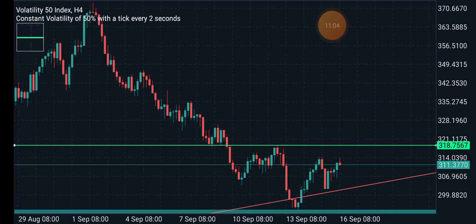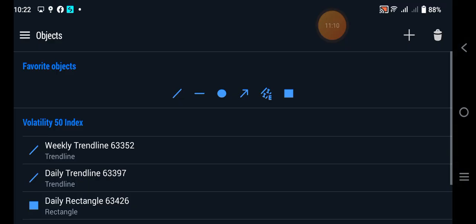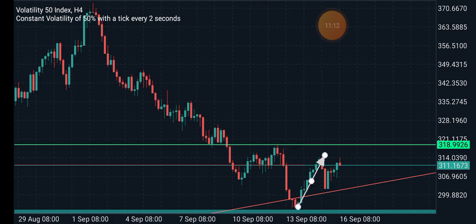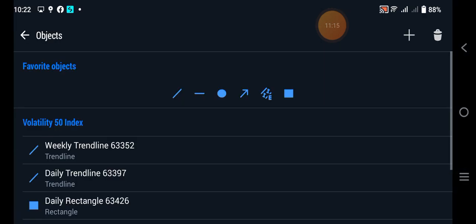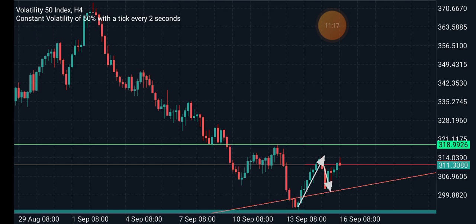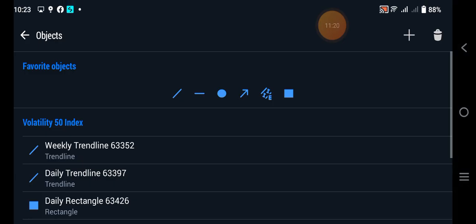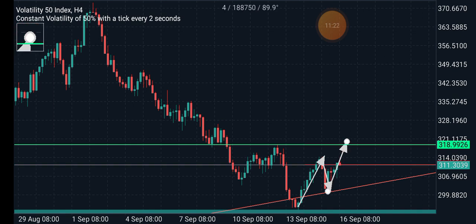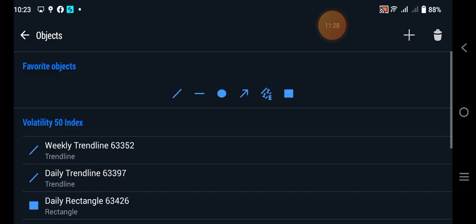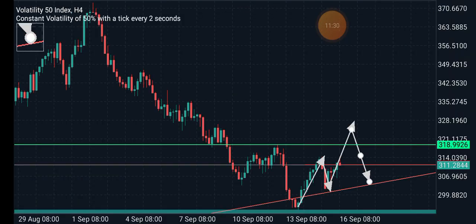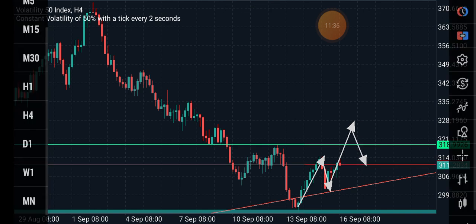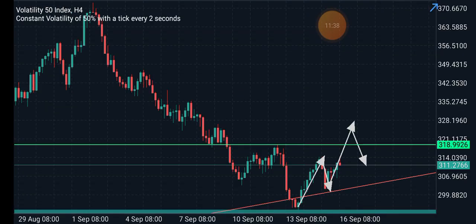So it is either we would have it this way, let's say this, what we are seeing currently, we could have it this way, maybe something of this sort, and then come back maybe to retest, maybe around here, before we can now find our way to the upside. It could happen this way.